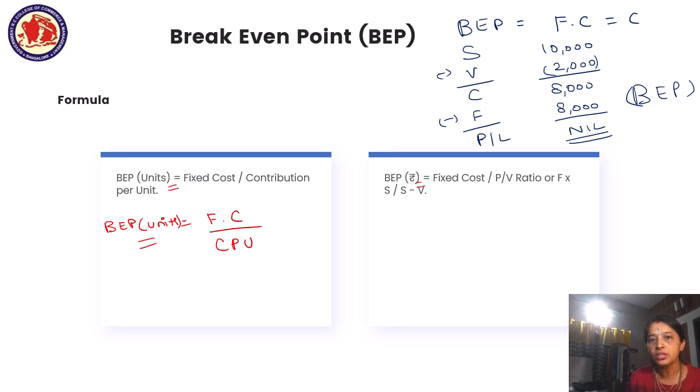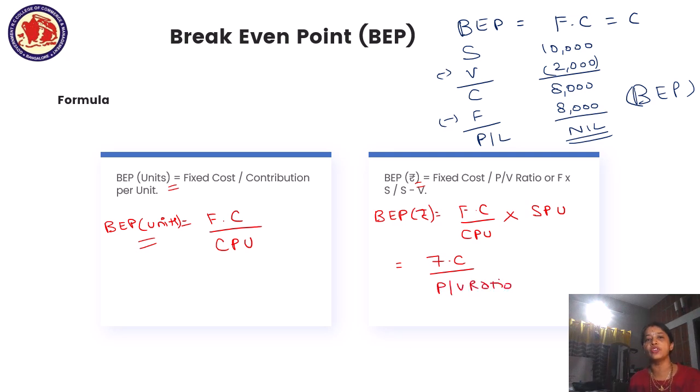Say break-even point in rupees is equal to fixed cost divided by contribution per unit into selling price per unit. You get break-even point in rupees, or the other formula is fixed cost divided by PV ratio. This is also another formula to find out break-even point in rupees.